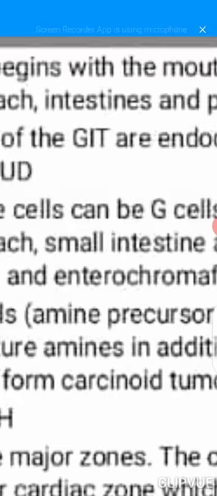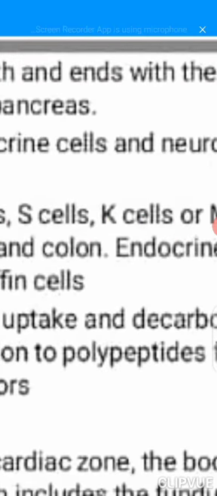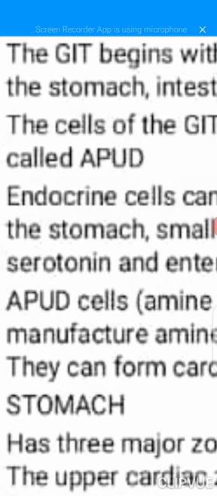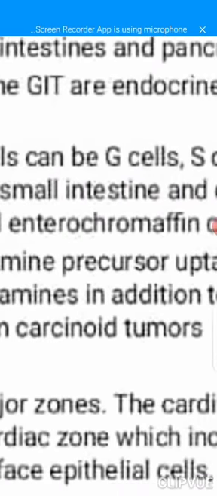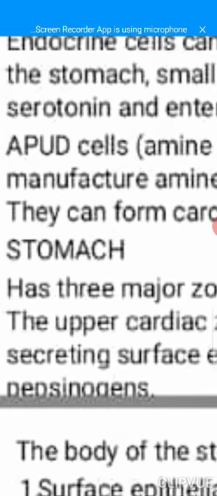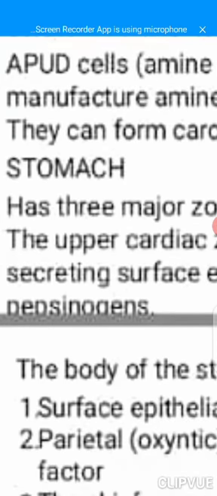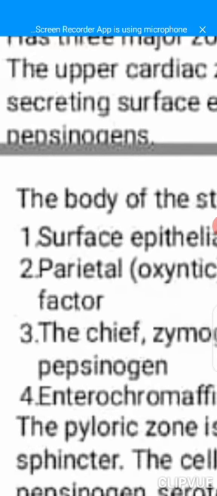Now, if these cells become problematic, this will result in what we call a carcinoid tumor. All right, so with this foundation, we can now quickly go into the cells of the stomach.